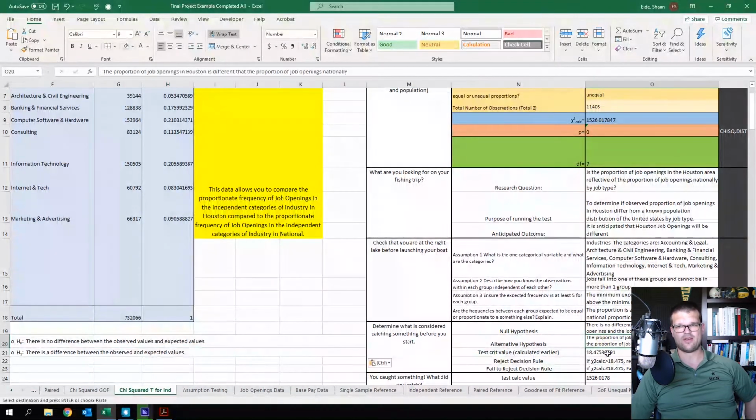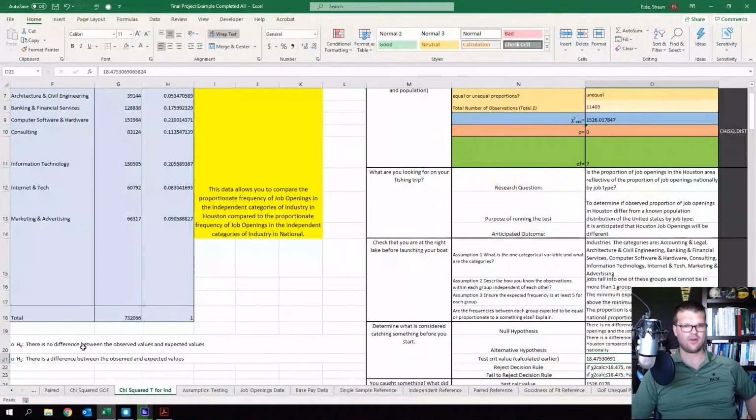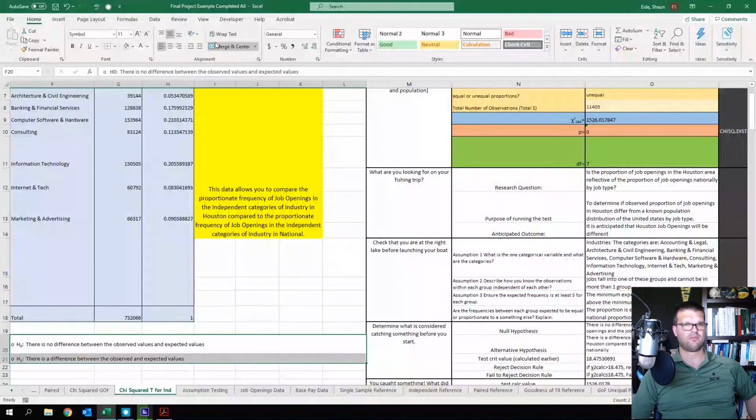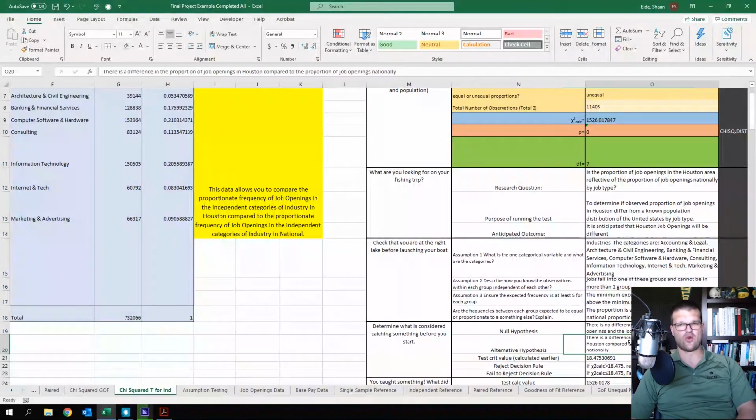Then right here, the proportion, you can write it: there is a difference in the proportion of job openings in Houston compared to the proportion of job openings nationally. It's pretty much the exact same thing as that. You just put in your dependent and independent variables and you're good to go.